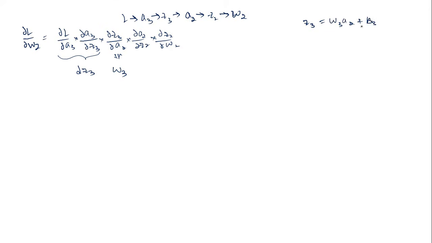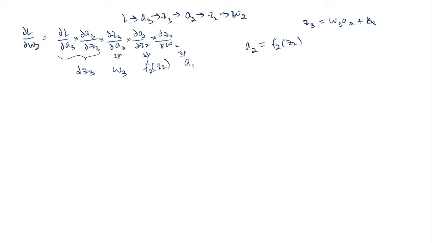So derivative of this equation with respect to A2 is going to be just giving W3. And now for the derivative of A2 by Z2, if you remember, the A2 was given by F2 of Z2. So we can just write it as F2 dash Z2. And here the dash represents the derivative of this function. Similarly, the derivative of Z2 with respect to W2 will just give us A1, small a1.